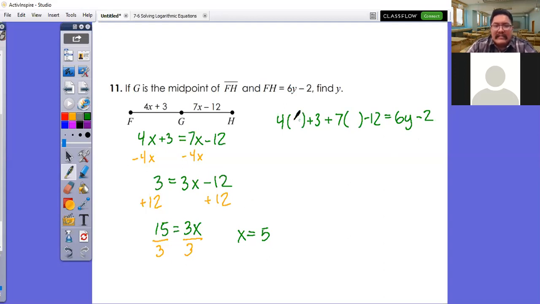Now we know that x is 5, so I'm gonna go ahead and drop 5 in where x used to be. And then we're just gonna evaluate this as much as we can. So now we have parentheses, so let's go ahead and multiply those out. Well, technically they're multiplications, they're not really parentheses, which is why I sometimes don't like PEMDAS.